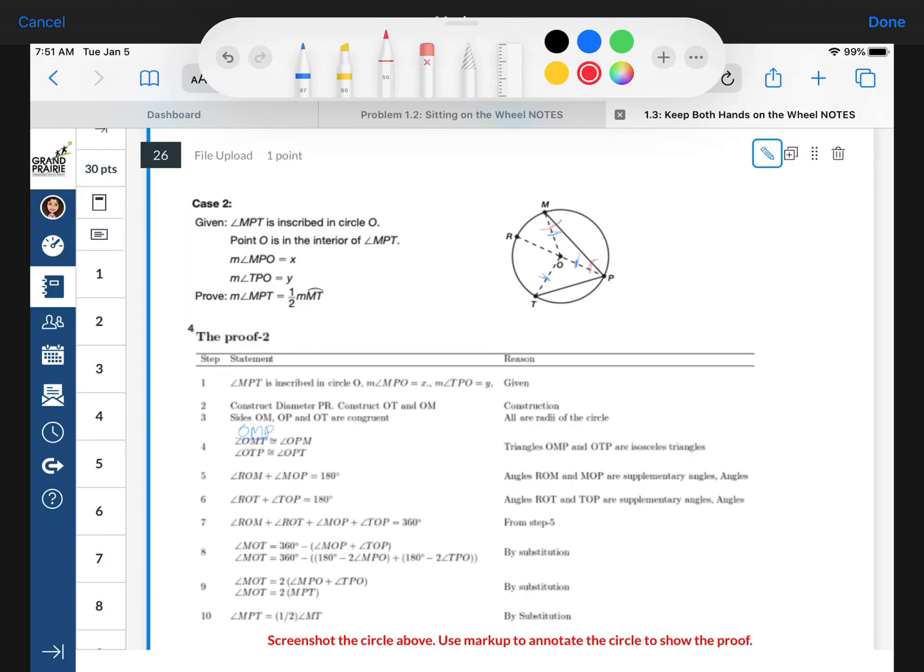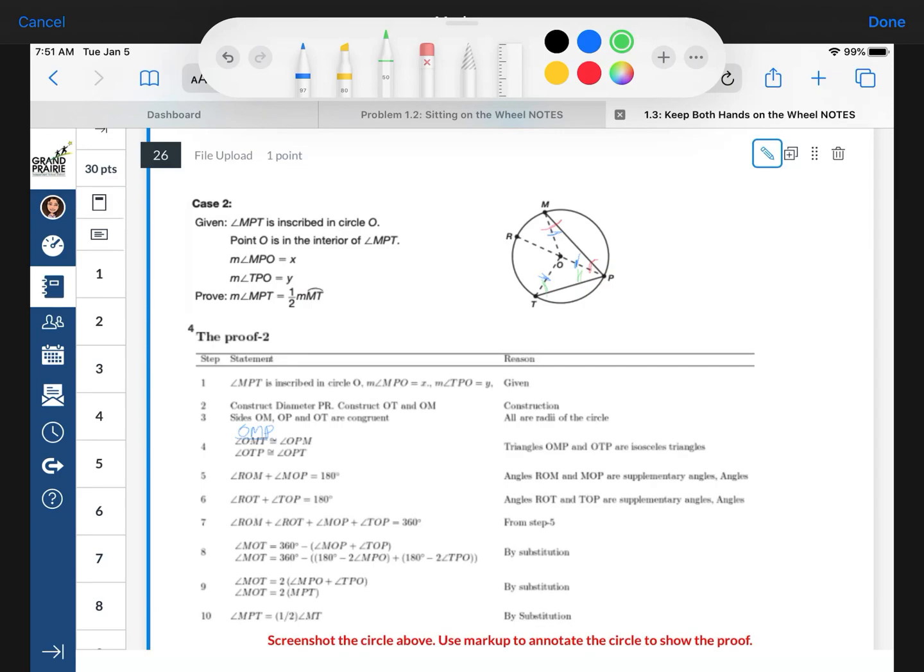And OTP is congruent to OPT, that is, this angle is congruent to that angle. That's because if those two sides we just mentioned, the radii, are equal to each other, it creates two isosceles triangles. And remember, we learned last semester that in isosceles triangles, two sides are equal and the two base angles are equal.